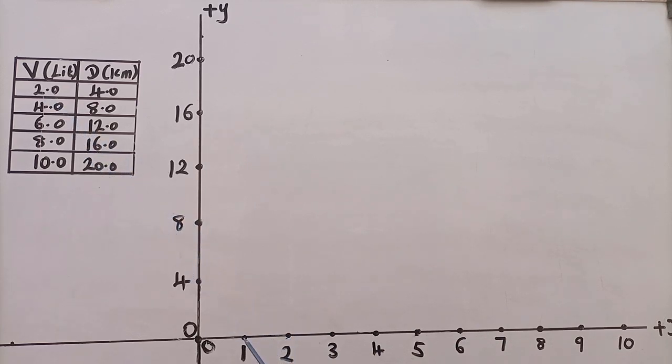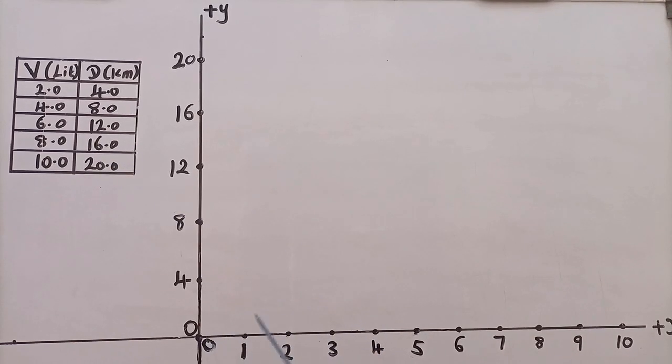I had to write these values 1, 2, 3 based on a system that we'll learn later, a system of choosing scales. Just know that from 0 to 10, 10 is the highest value of the volume used.